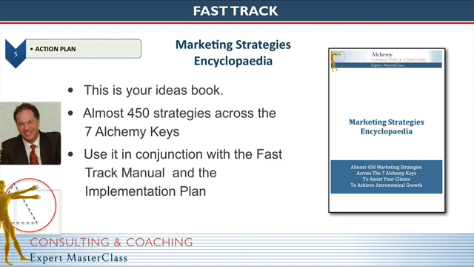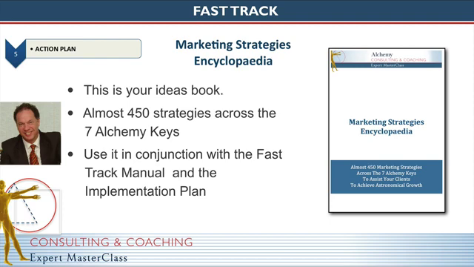You use this, as it says on the screen here, in conjunction with the Fast Track manual that we've gone through, because you're referring to what you need to do, the order that you need to do it in, and your implementation plan.